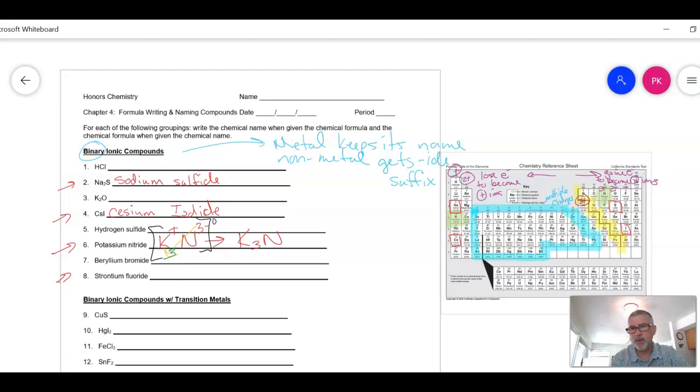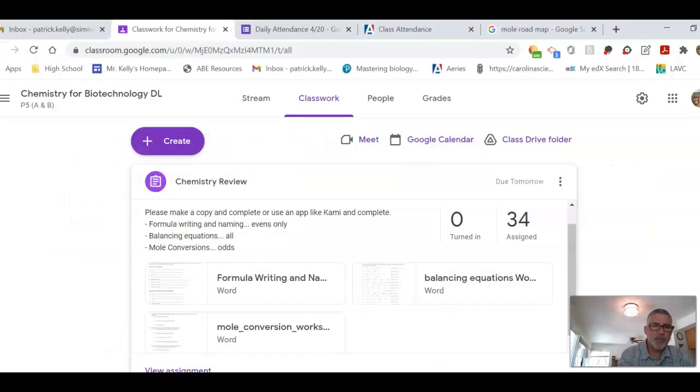If we look at strontium fluoride, same thing. Sr is in the second column, right here. And fluoride is over here in the 7th column.